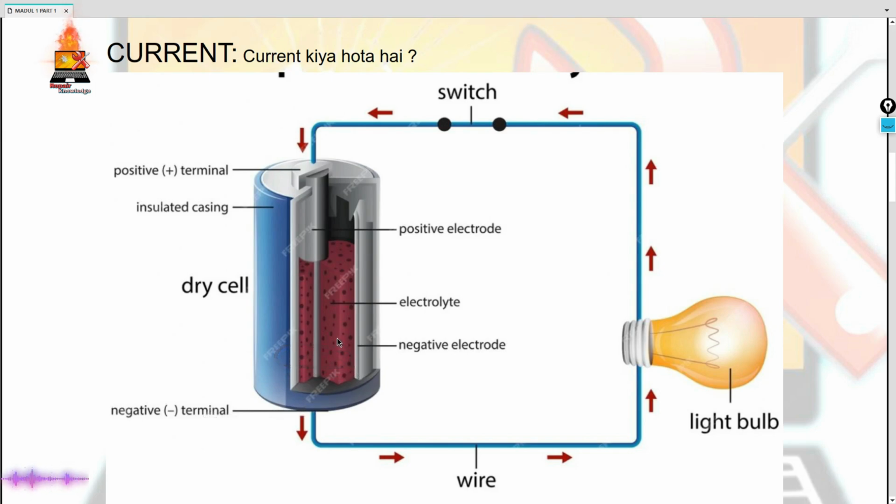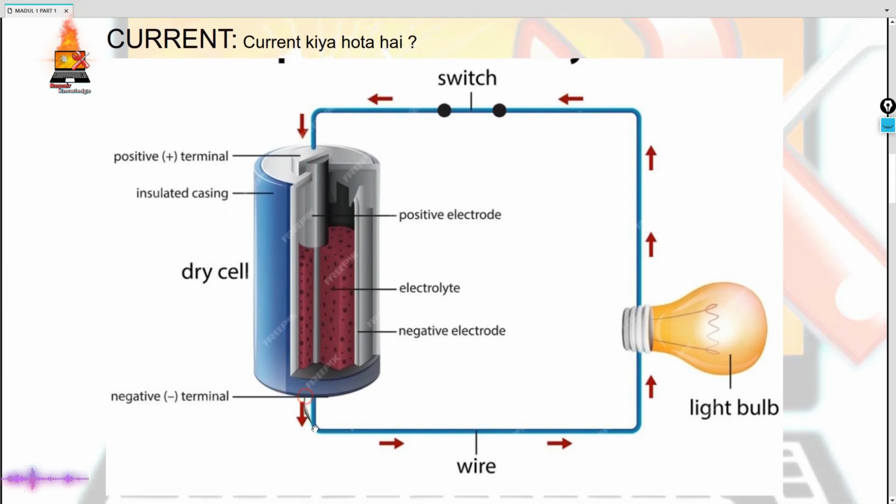Here is our negative terminal, and there are electrons inside it. If we go into electrons, it will become very deep, so we do not need to go that deep. We just have to find out what the current is. The negative electrons always run towards the positive.